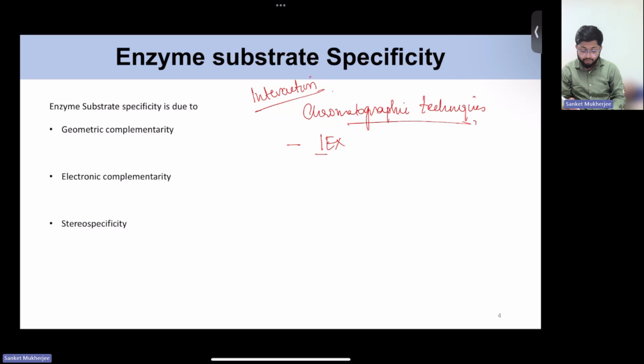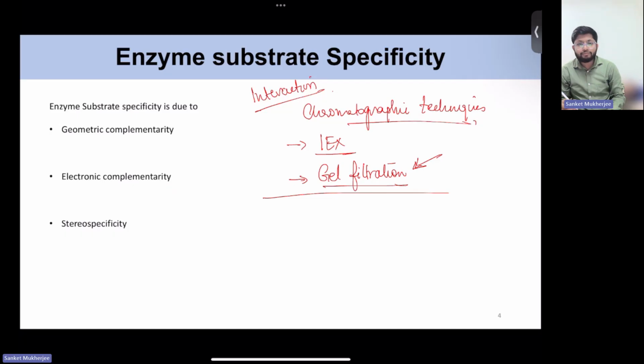There are other chromatographic techniques also, like gel filtration, that can tell you the interaction of your enzyme of interest with the substrate. It is possible to get to it through gel filtration as well. Other techniques which are very widely used could be ITC. We'll discuss about it. That is isothermal titration calorimetry.